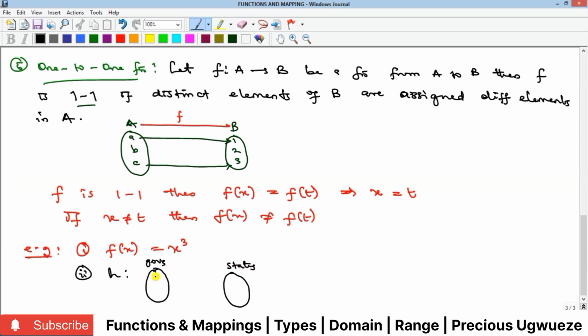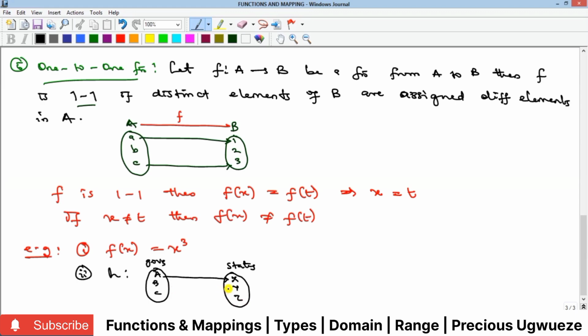So you see that if you have Governor A and you have state X, Governor B, Governor C, state Y, state Z, every governor is assigned to only one state. You can't have one governor ruling over two states of a particular country. And so this particular map here is a one-to-one function.